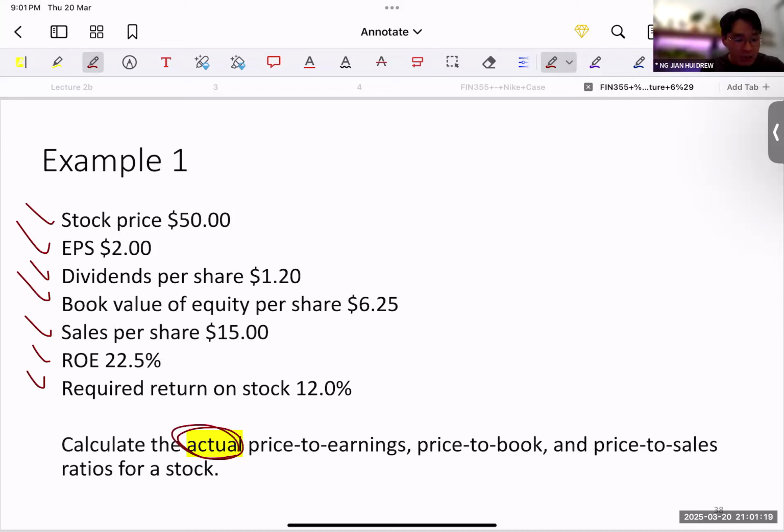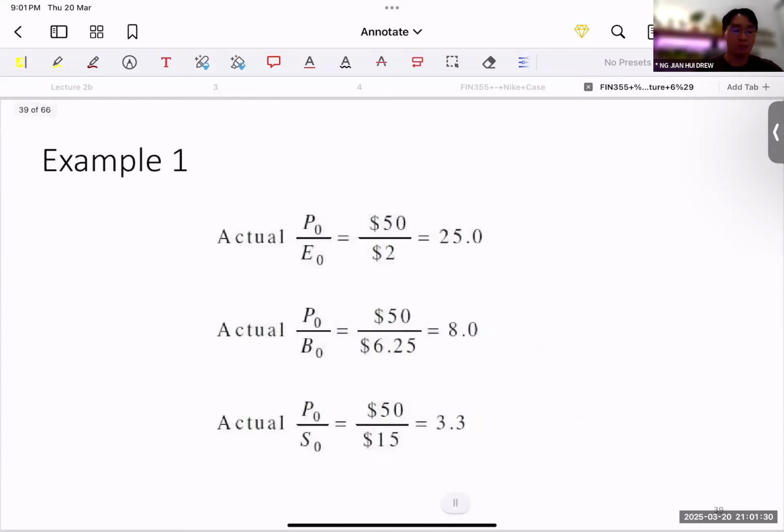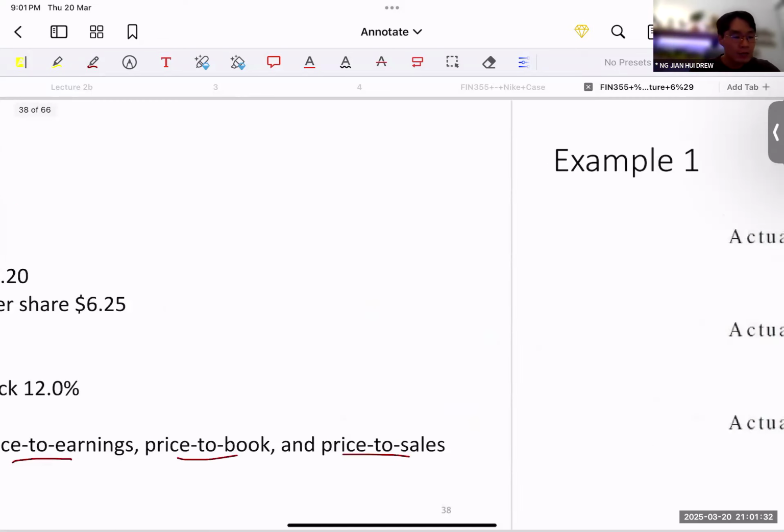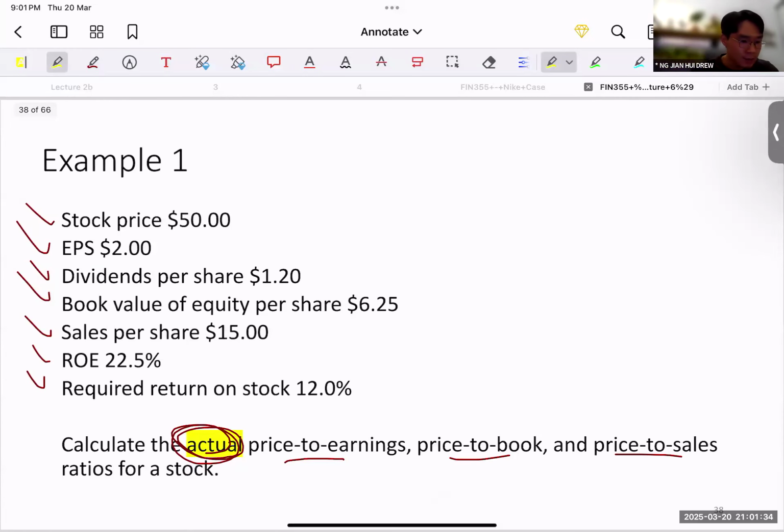We want to call it actual, so it's actual, I highlight in yellow. Price to earnings, price to book, price to sales, right? So the actual is quite simple. Why? Because price to earnings, okay, where's our price? What's the earnings? 50 divided by 2. Price to book. Where's our book value? 6.25, right?